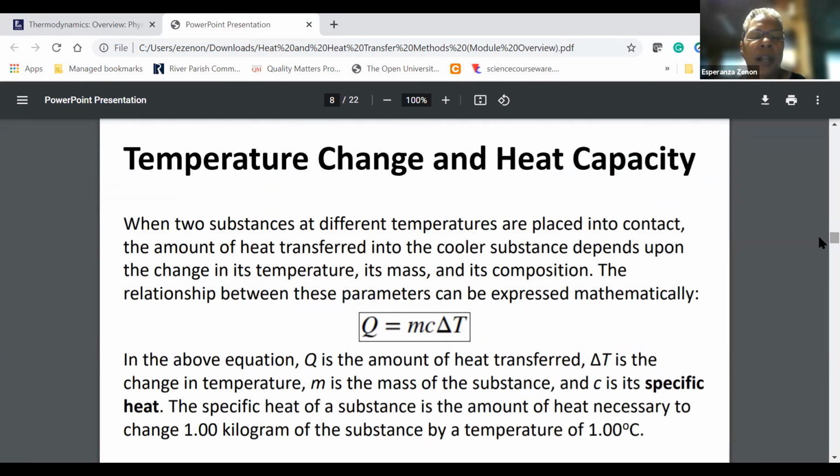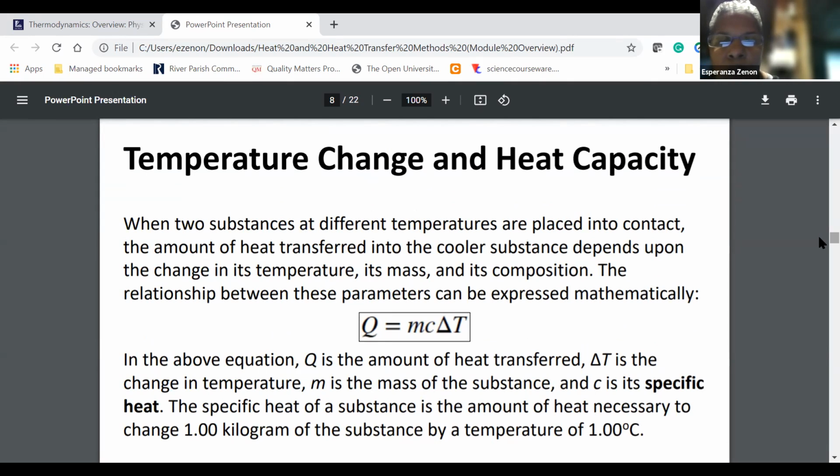So let's take a look at how we determine the amount of heat that's being transferred. So we know that heat transfer is directly related to work and energy, but we need to be able to figure out how much heat is going to be exchanged. And there are 2 ways to look at this idea of heat transfer or heat exchange.